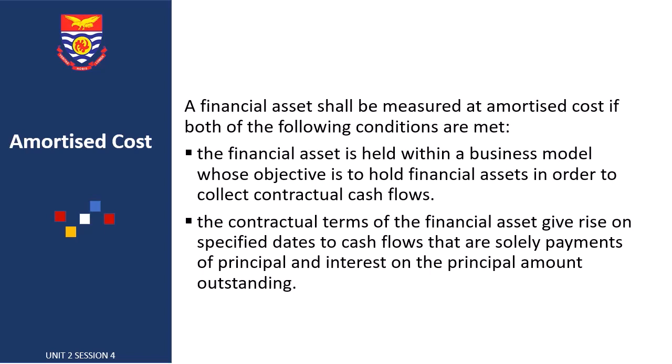Is it to hold the financial asset in order to collect contractual cash flows? Is it holding the financial asset till maturity? This is what we mean by the business model. You are holding it to collect contractual cash flows, and you are holding it till maturity.